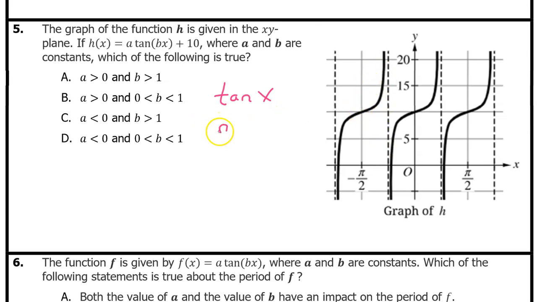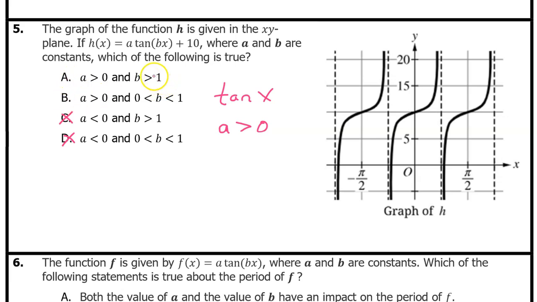In other words, the a value in front must be greater than 0. If a was negative, this would be upside down and we would have a decreasing function. So again, since the function h is increasing, just like the parent function, the a value must be a positive number. So we have narrowed it down to either a or b.